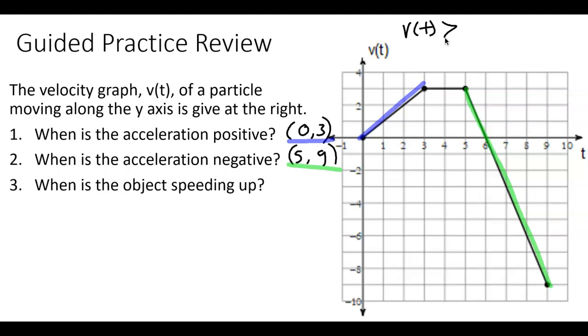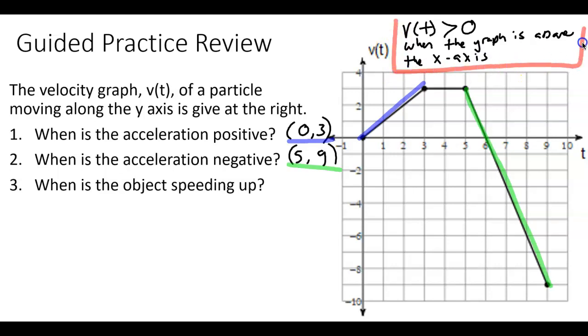Well, velocity is greater than 0 when the graph is above the x-axis. Okay, so for instance, use a different color here. V is positive anytime we're above the x-axis, so that would be all of this.